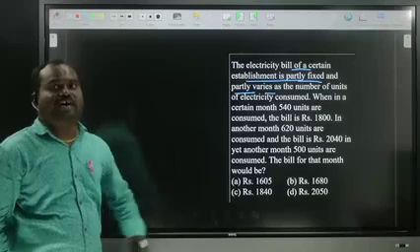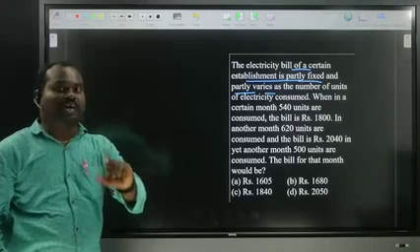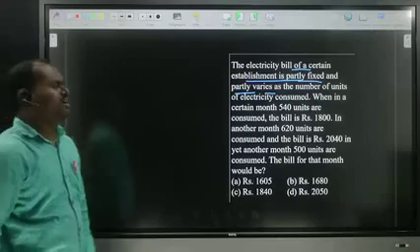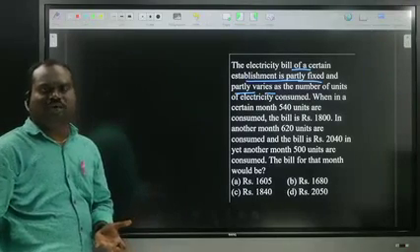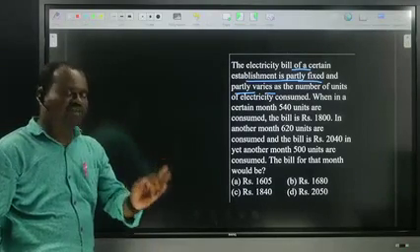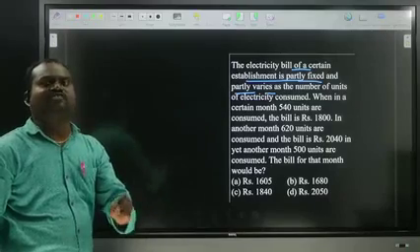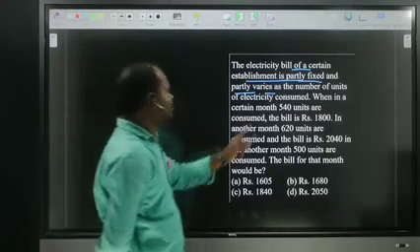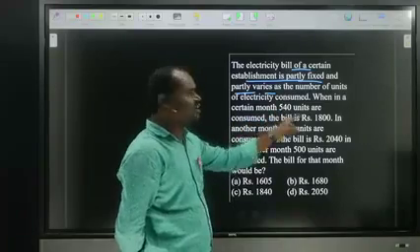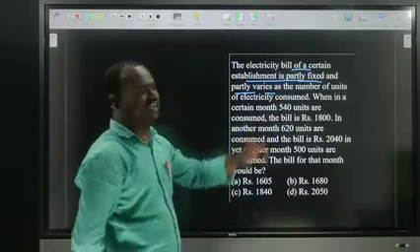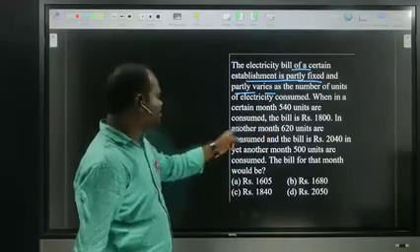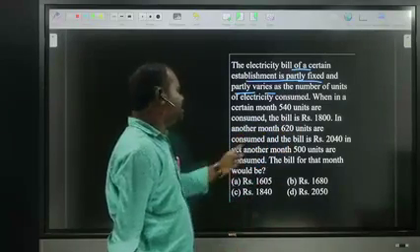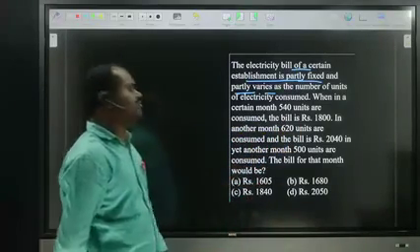In real life also, in an electricity bill, a minimum charge will be there, and the rest varies based on the units we use. When in a certain month 540 units are consumed, the bill was 1800. In another month 620 units are consumed, the bill was 2040. In another month 500 units are consumed, the bill for that month will be?